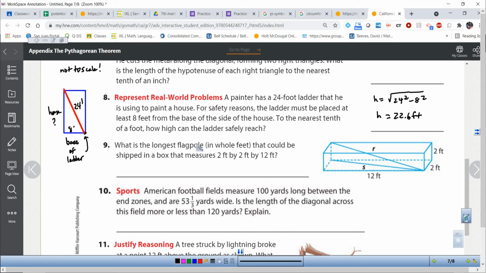What is the longest flagpole that could fit? Oh, it's another 3-dimensional one. Woohoo! All right, remember, what is our relationship? We know that the length squared plus the width squared plus the height squared is equal to r squared, right? But if we take the square root of all of that, we get r. So we want the square root of 12 squared plus 2 squared plus 2 squared. And that's going to give us r.